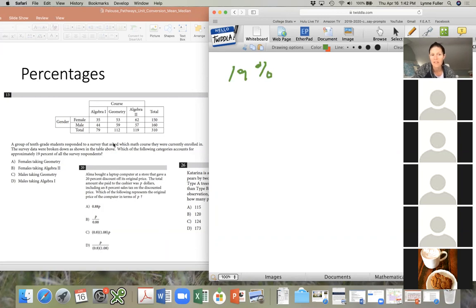Now, here's something to think about. If it's females taking geometry, that'd be 53, right? And it's of all survey respondents. This is 53 to 310. So again, that's a ratio, 53 divided by 310. So that is 17% of students.